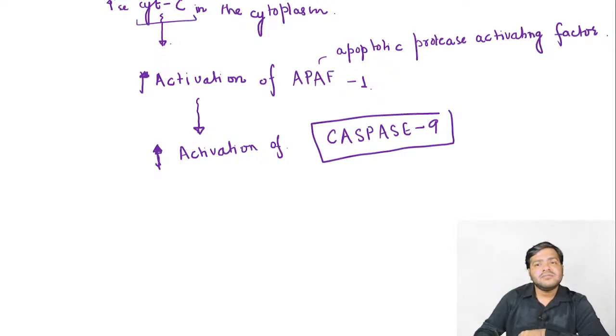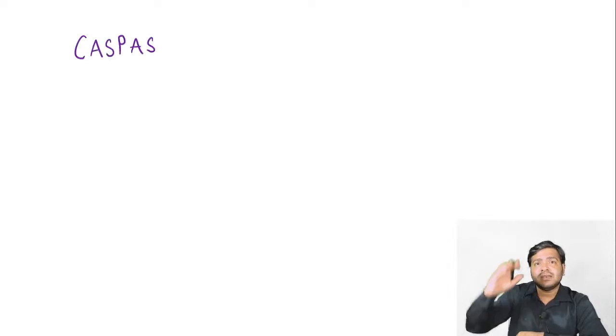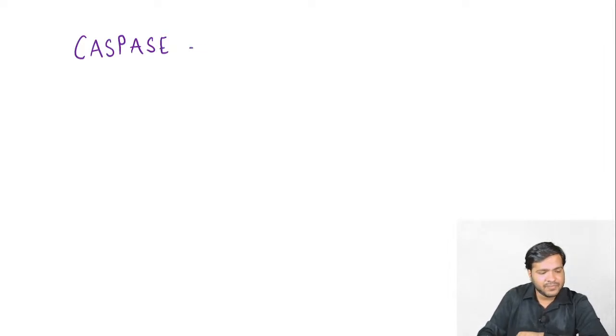Now, you guys should remember that apoptosis is something which is dependent on caspases. Now, what are these caspases? We'll just mention some points regarding caspase and then I'll return back to the slide. So just leave 4-5 lines and write the term caspase.